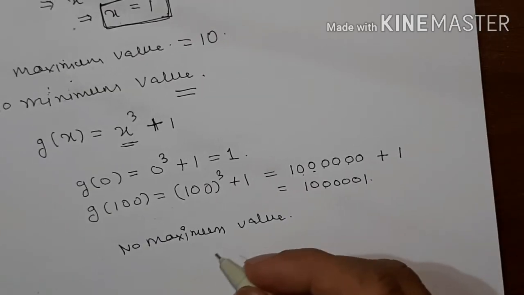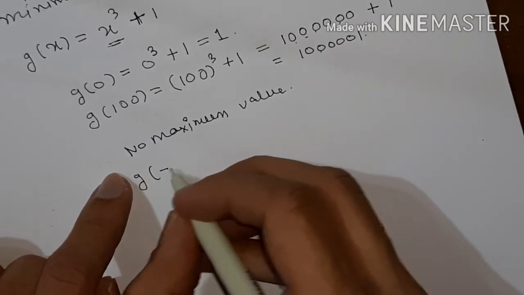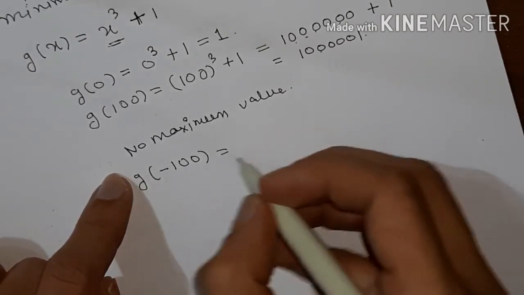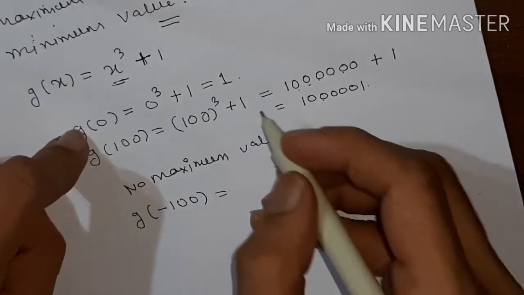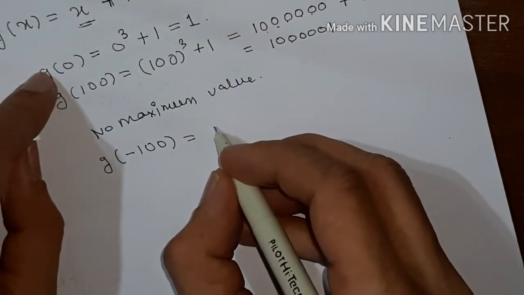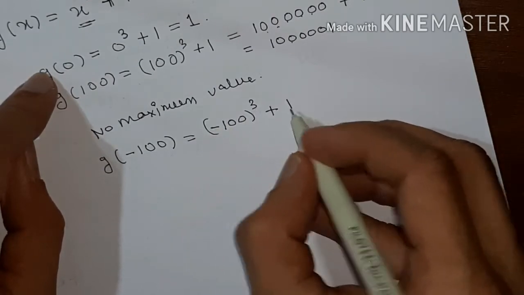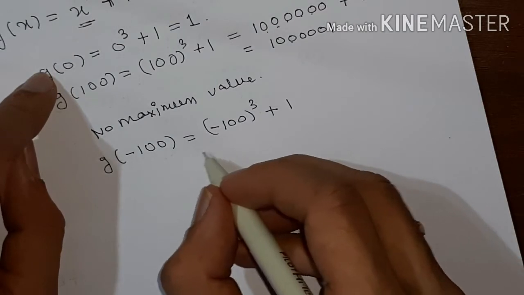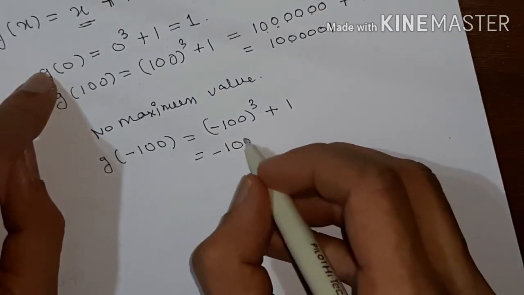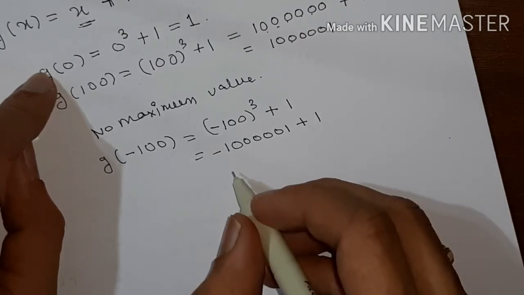And suppose you decrease the quantities, for example if you take g of minus 100. g of 0, you know, is 1. g of minus 100 is what? Minus 100 cube plus 1. So that is nothing but minus 1000000 plus 1.